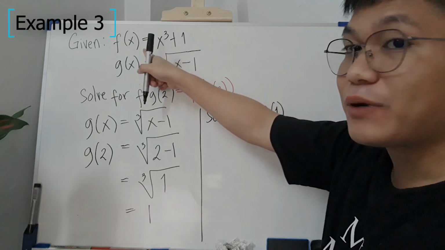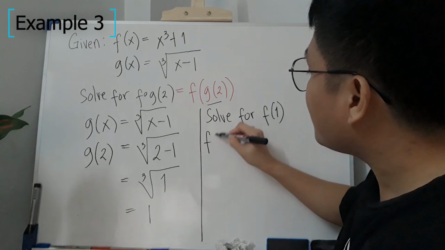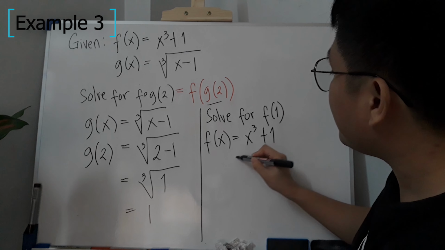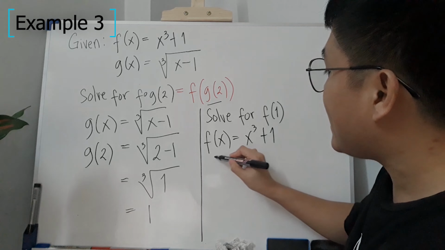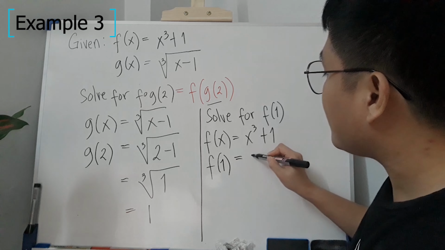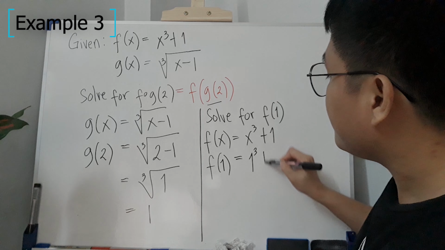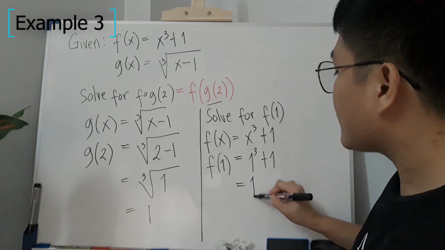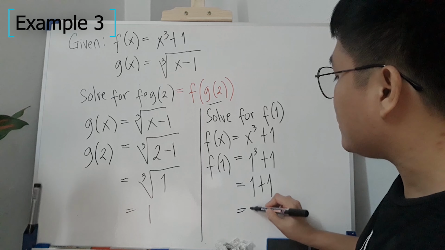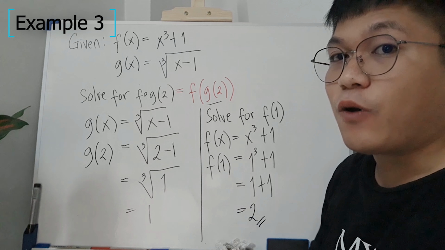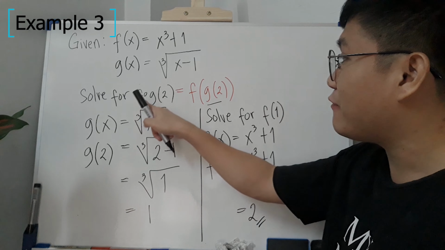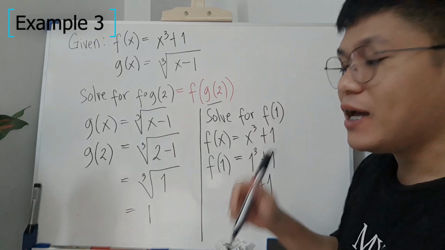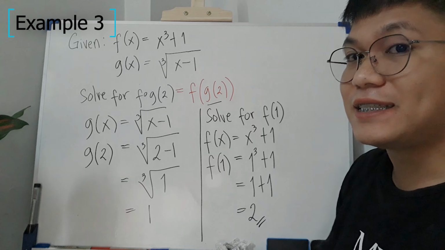So going back to our given function f of x, which is equal to x cubed plus 1, replace x with 1, so we have f of 1 is equal to 1 cubed plus 1, which is equal to 1 plus 1, which is equal to 2. Therefore, the value of our function f composed with g of 2, or f of g of 2, is equal to positive 2.